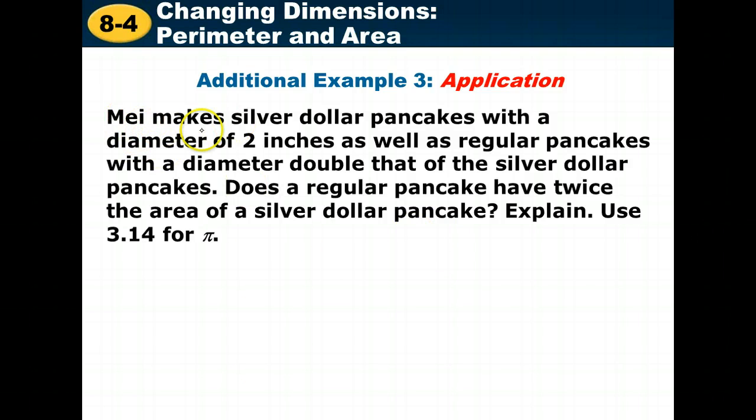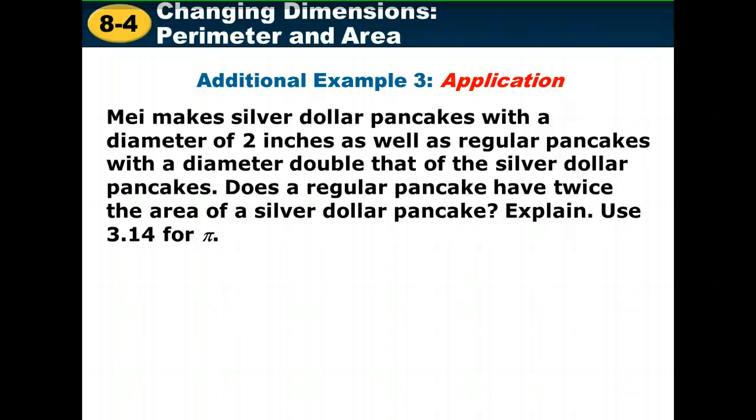All right, so here we have someone making silver dollar pancakes with a diameter of 2 inches, as well as regular pancakes with a diameter double that of the silver dollar. So does the regular pancake have twice the area of a silver dollar pancake? Again, they do not give us pictures, so we want to make sure we draw the pictures. That will make life so much easier.